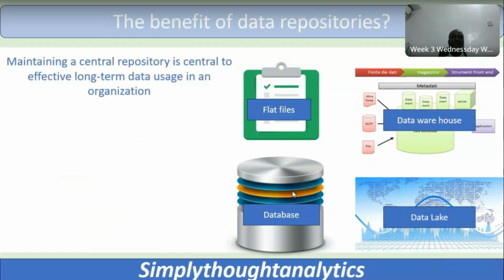One, they help to maintain the long-term collection and usage of data in an organization. So when you have a place where we can say, let us look at what happened to our company 10 years ago, and you can go to a place and bring out data of what happened 10 years ago, that is what a data repository does for a company.